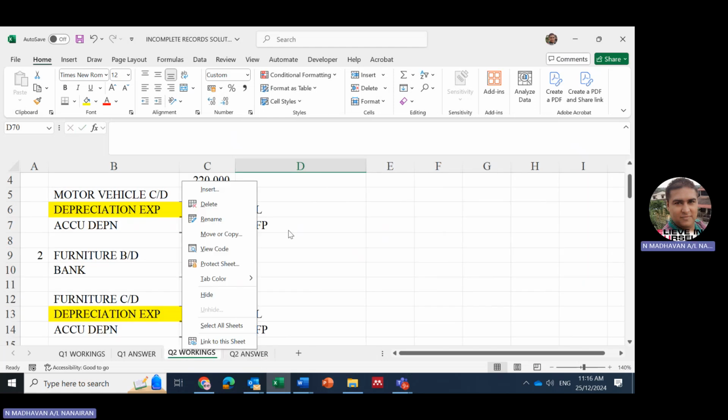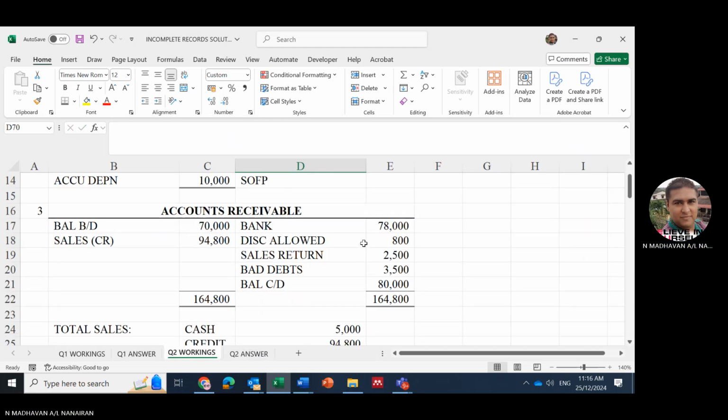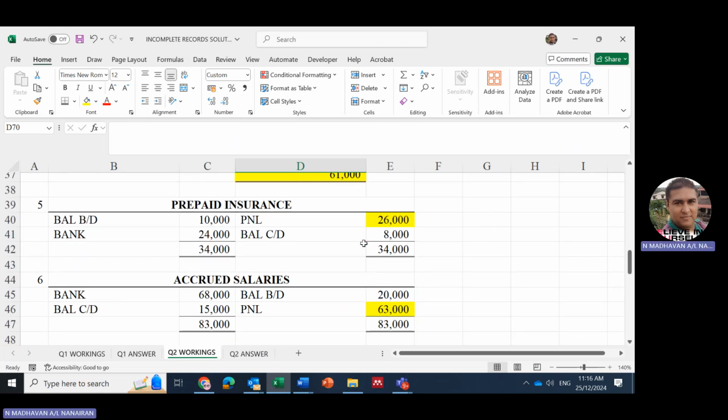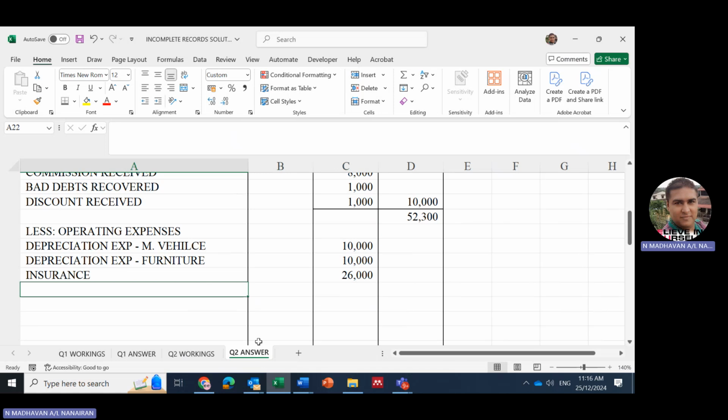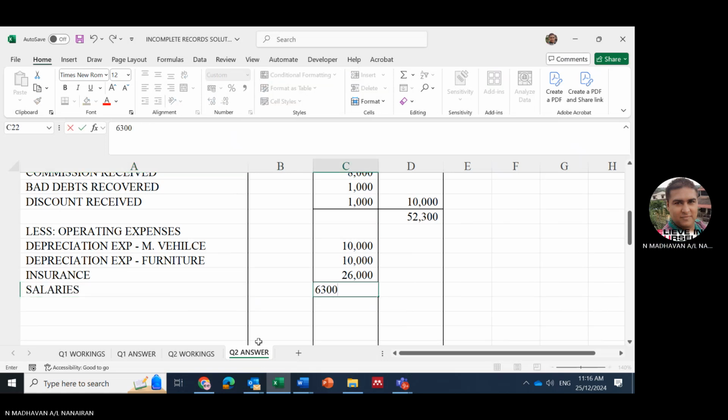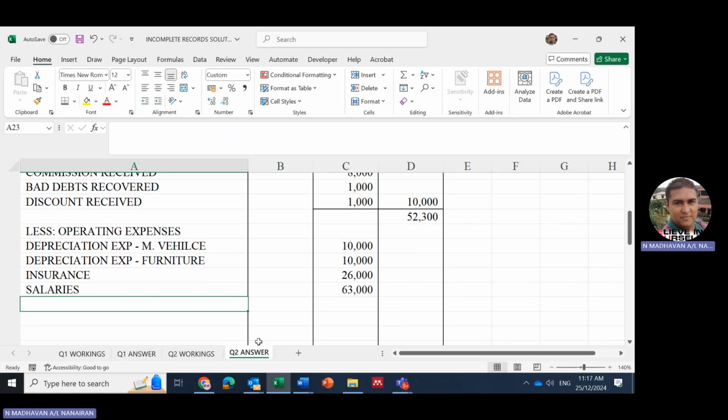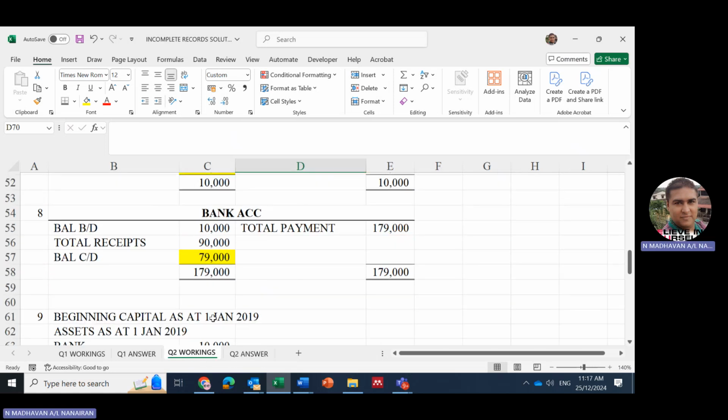What else do we have? Insurance and salaries. Insurance, how much? 26,000, correct? Salaries, how much? 63,000, yes or no? People, are you all with me? All following? Okay, good. Nothing in here.